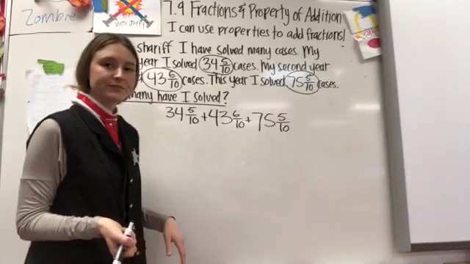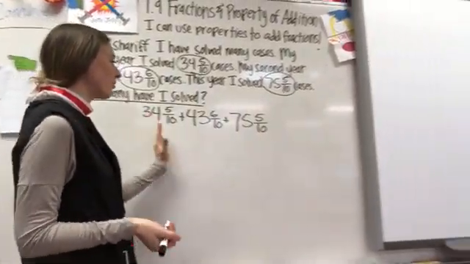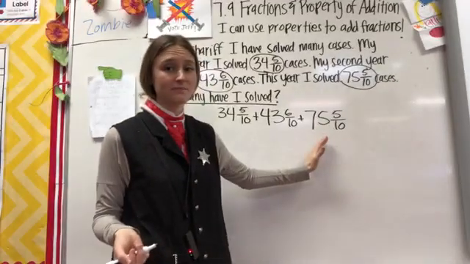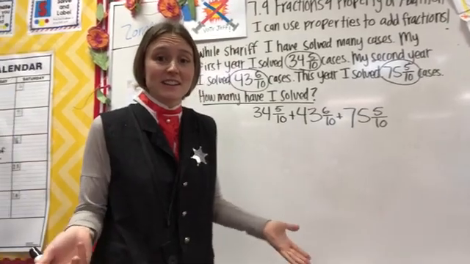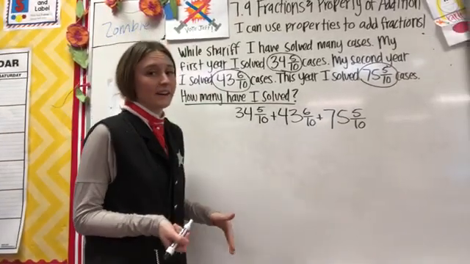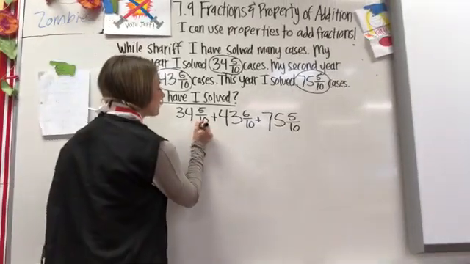All right. So if you look at this, you might be like, oh, I'll just add 34 and 5/10 plus 43 and 6/10. Then we'll add it to 75. But that's actually going to take you a lot more time than you think. The trick here, when we're doing associative property with fractions, is to look at the fractions first.